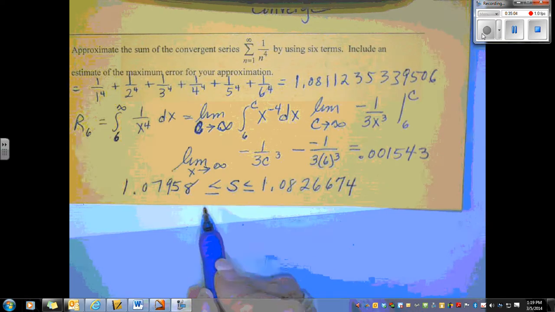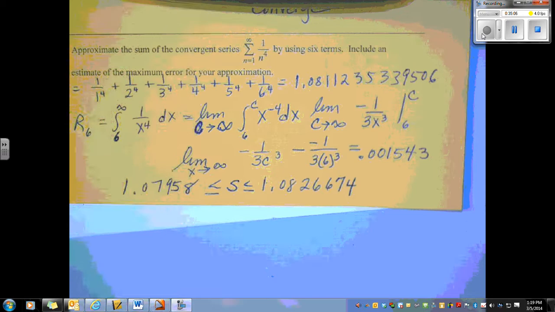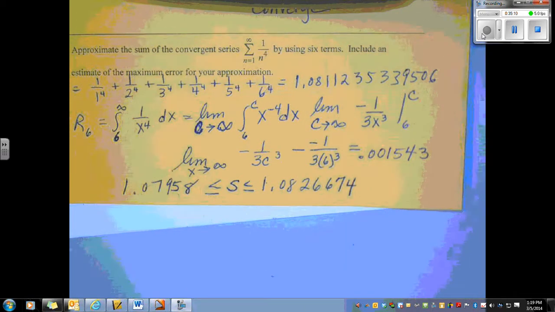Okay, now, the last thing was p-series. This is statistics related. It might be harmonic.